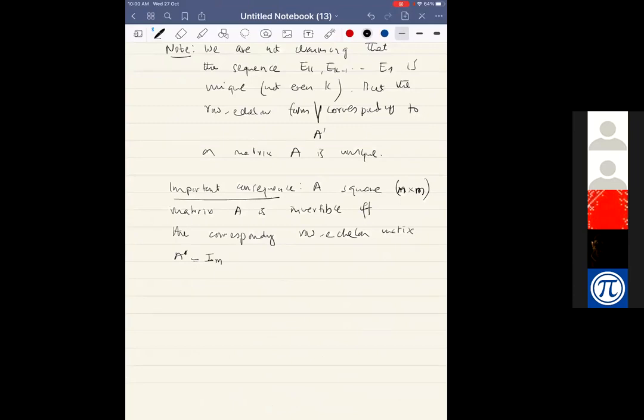No. If the first row is 0, then everything below is too, because the pivot in the (i+1)th row must appear strictly to the right of the pivot in the ith row. So if there is no pivot in the first row, there cannot be a pivot in the second row. So if the first row is 0, then the matrix is identically 0. Okay, sir. Thank you. Any other question?